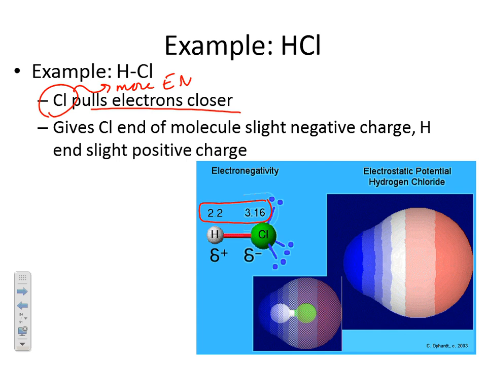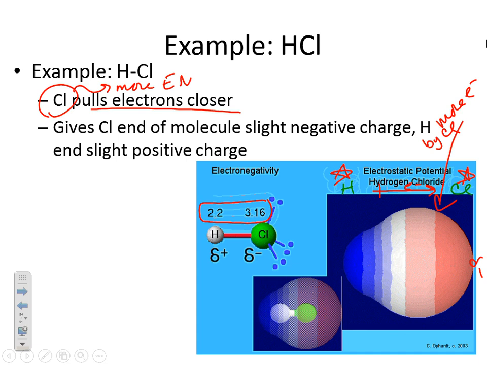We can see that here, hopefully a little better than the picture in your notes. This is the chlorine side, and this is the hydrogen side, and you'll notice there are more electrons by the chlorine, meaning the chlorine is pulling the electrons towards it, which gives this side a slight negative.